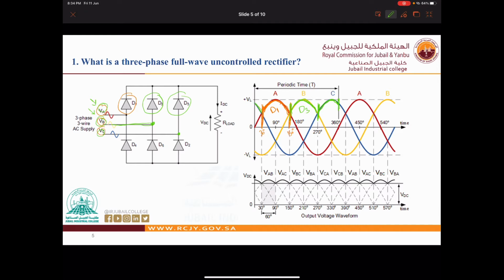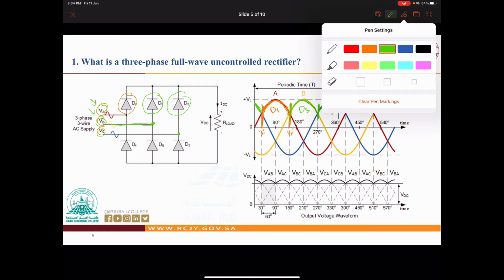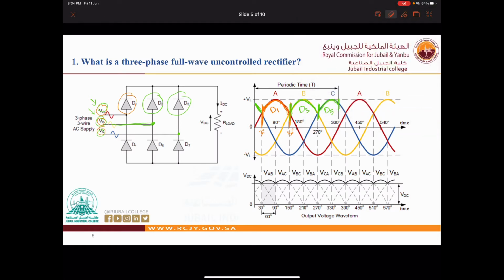This is also VC, so this is D5. Forget about this line now, because I'm going to explain a very important thing.